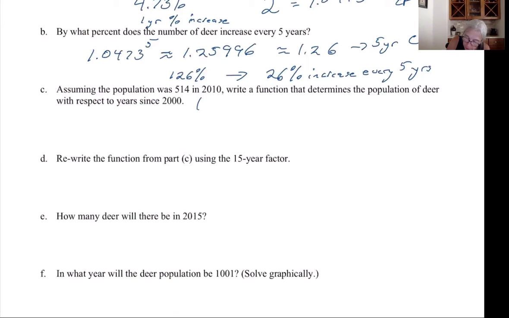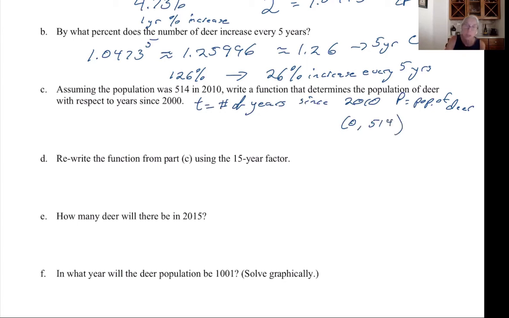So we say T is our number of years since 2010. And I'll say P is the population of deer. And I know I have the reference point that in 2010, which is 0 years since 2010, I had 514 deer.